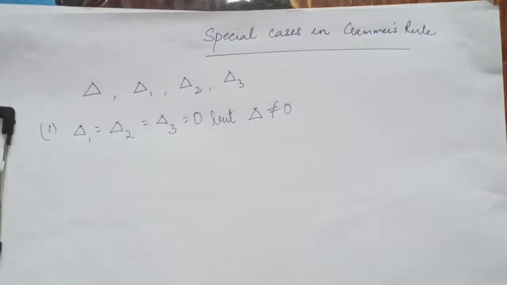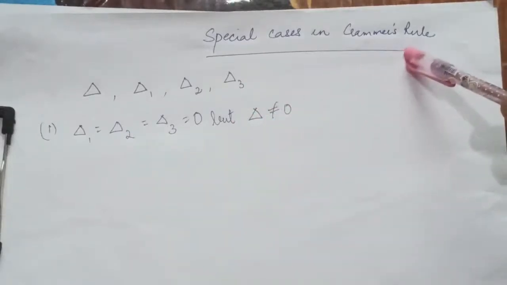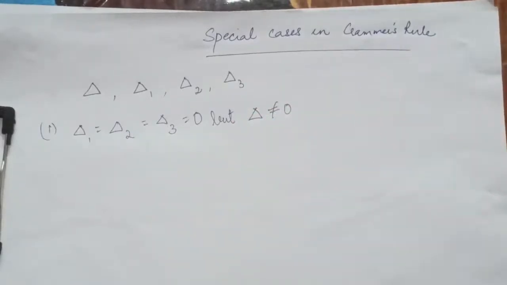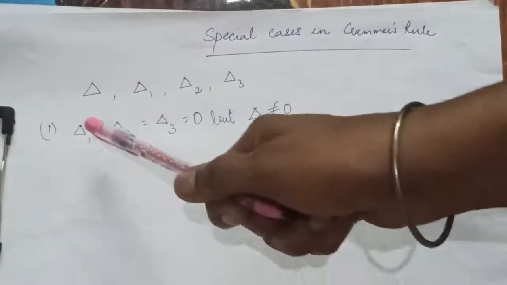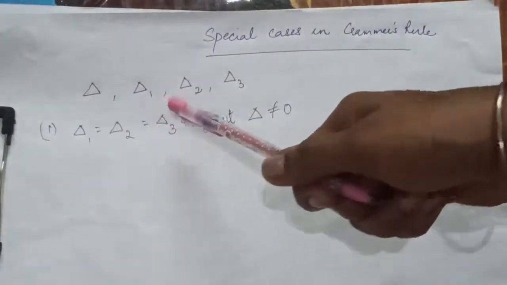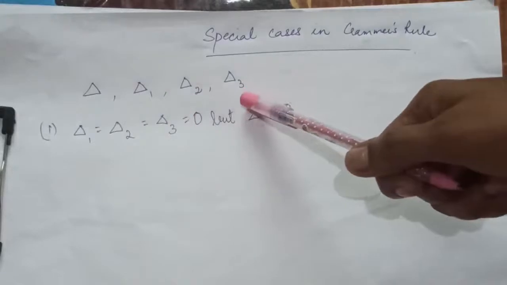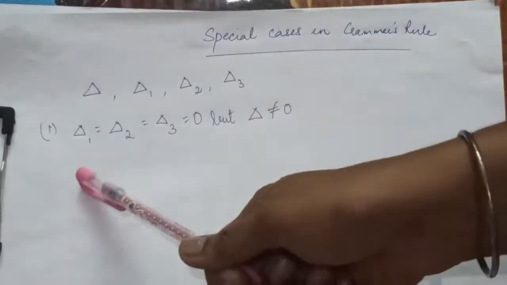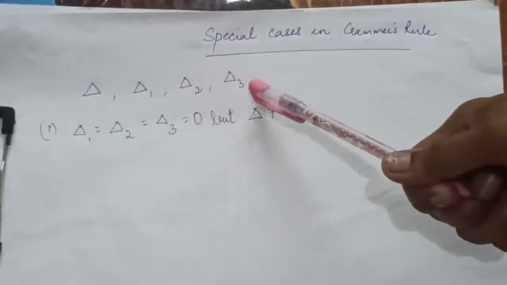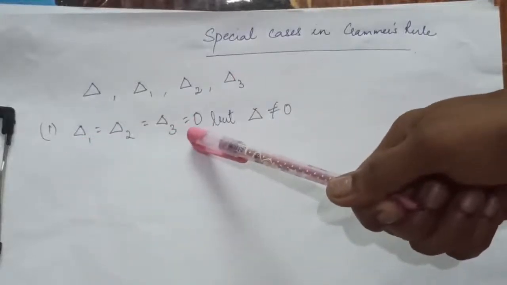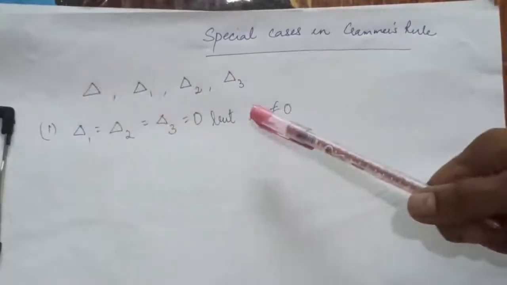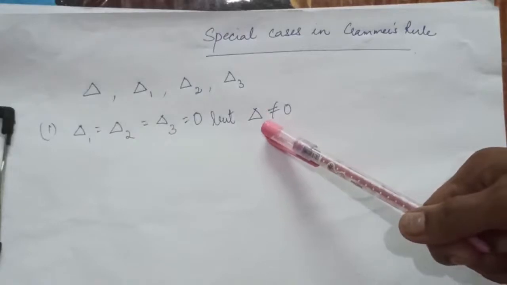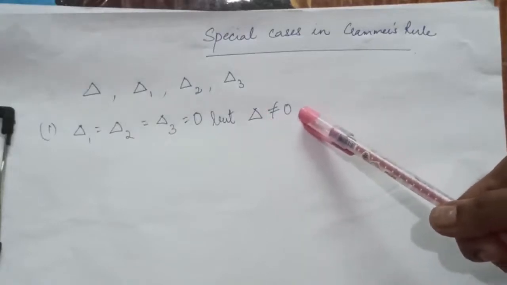Let's discuss some special cases under Cramer's rule. We all know under Cramer's rule we calculate delta 1, delta 2, and if a third variable is there then delta 3 also. The first special case is when delta 1, delta 2, delta 3 all come out to be 0, but the first delta, that is the determinant of A, is not equal to 0.